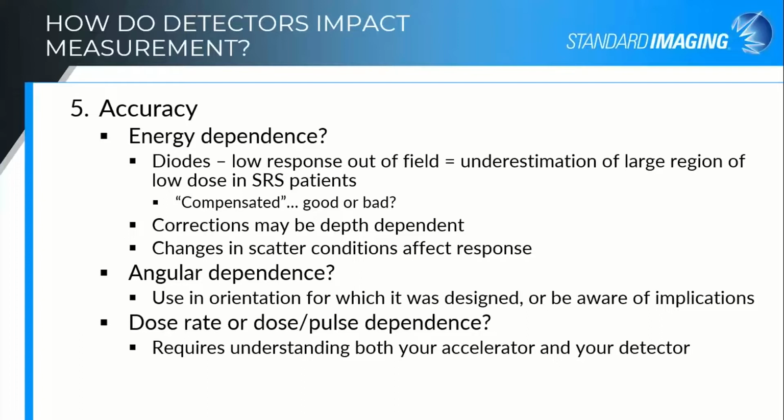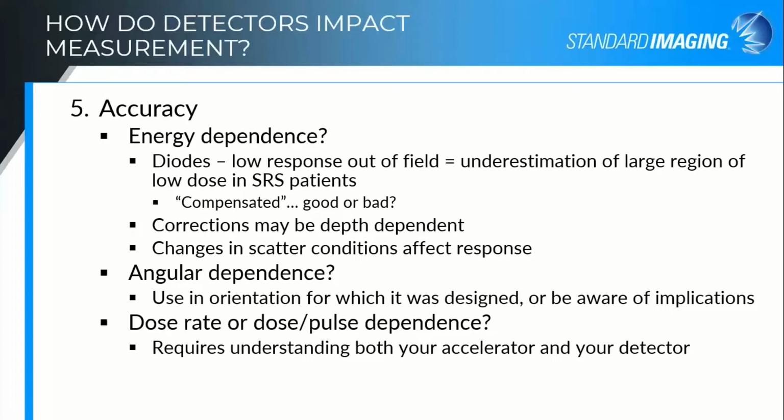Corrections for a detector that has energy dependencies become depth dependent. So as you go deeper in your measurement for a percent depth dose, your spectrum is changing, and depending on just how sensitive your detector is to those changes, you may have corrections that have to be applied at different depths.